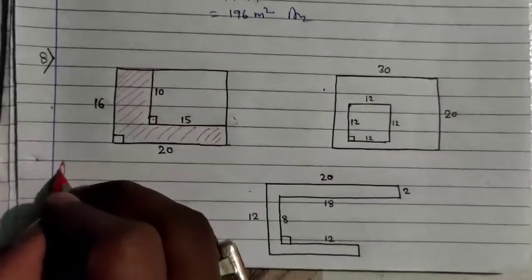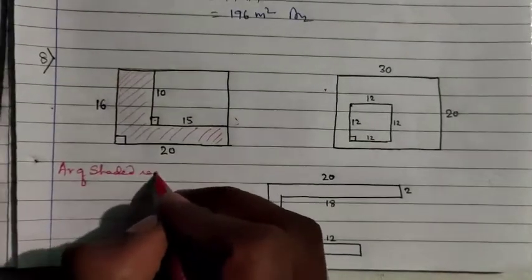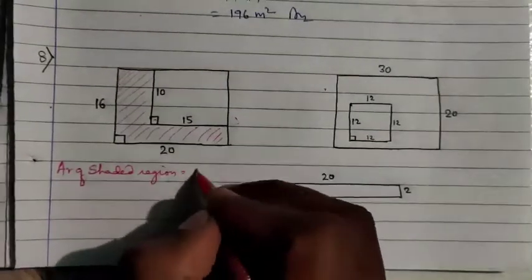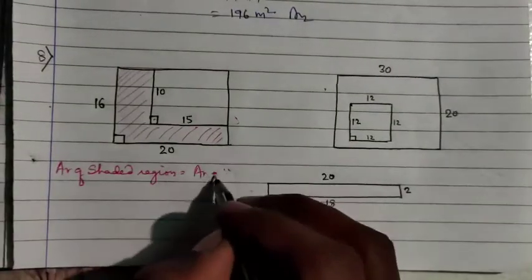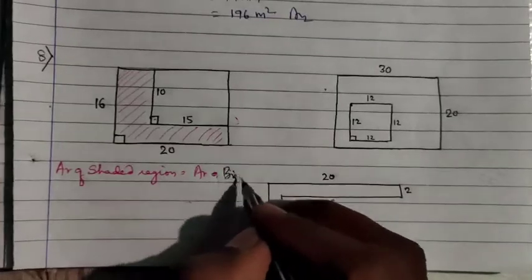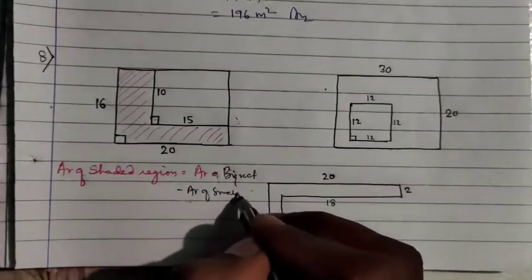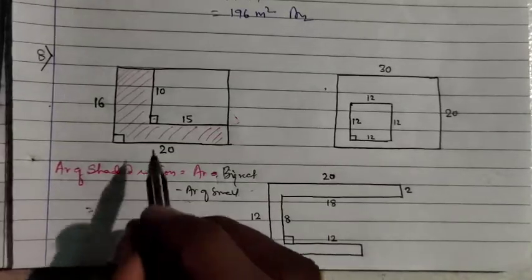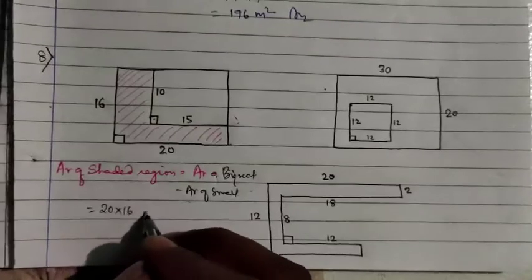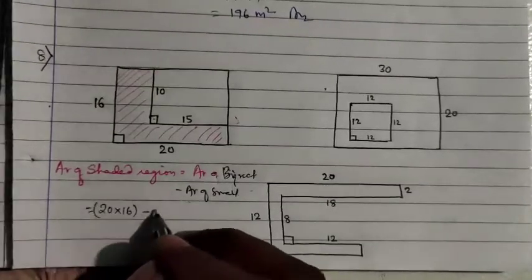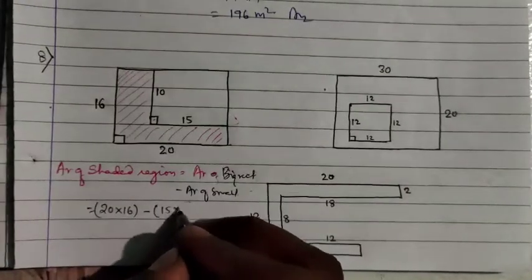Like we can write area of shaded region is equal to area of big rectangle minus area of small rectangle. Area of big rectangle, length into breadth, that will be 20 into 16, minus area of small rectangle, length into breadth, 15 into 10.